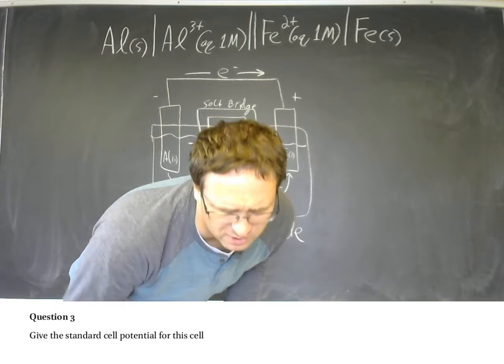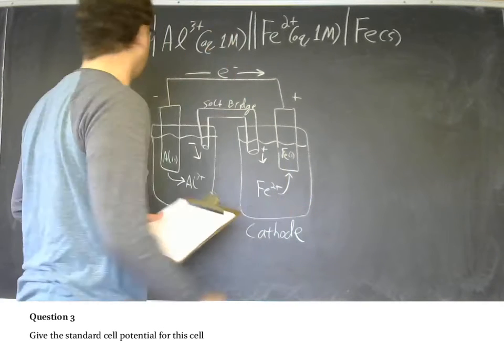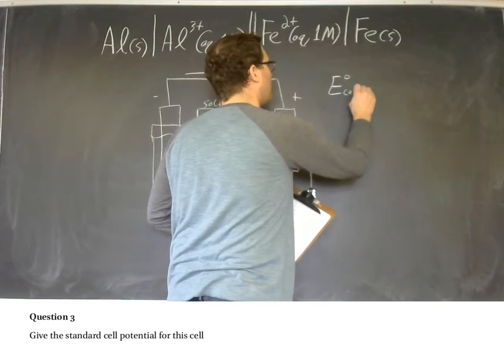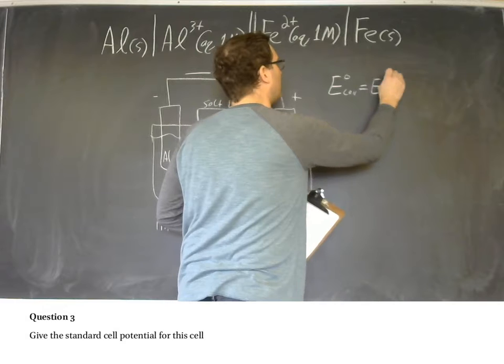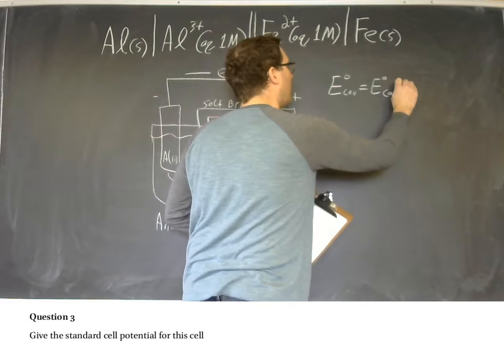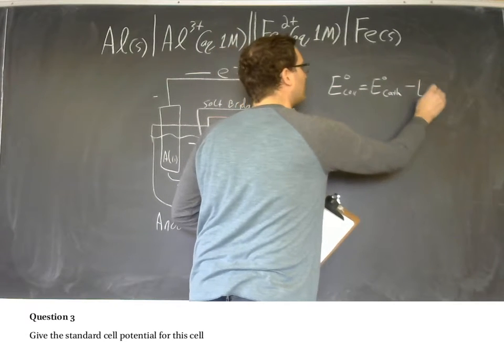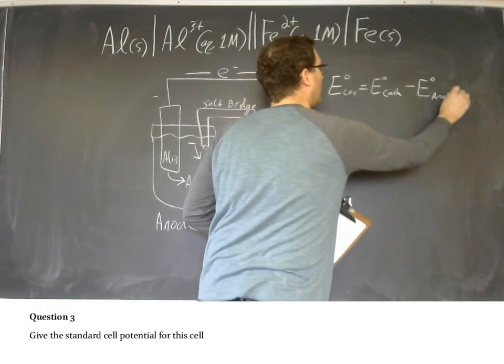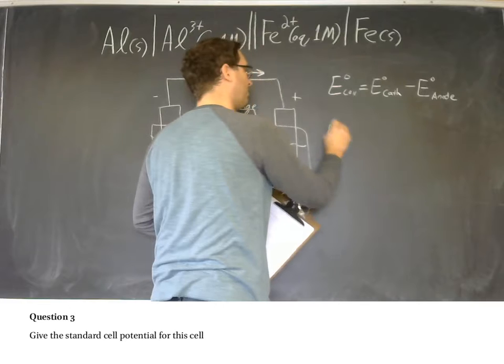Okay, question 3, give the standard cell potential. So we know that E naught cell is equal to E naught cathode minus E naught anode. It's just a matter of looking those up.